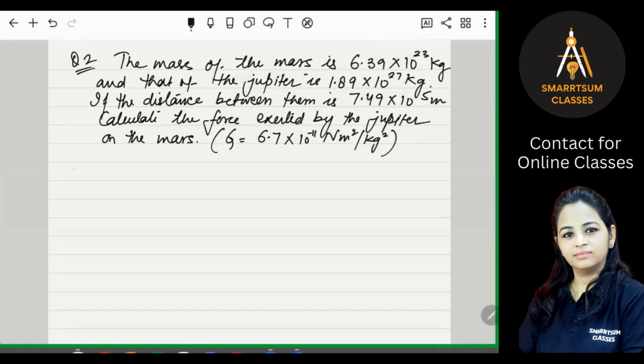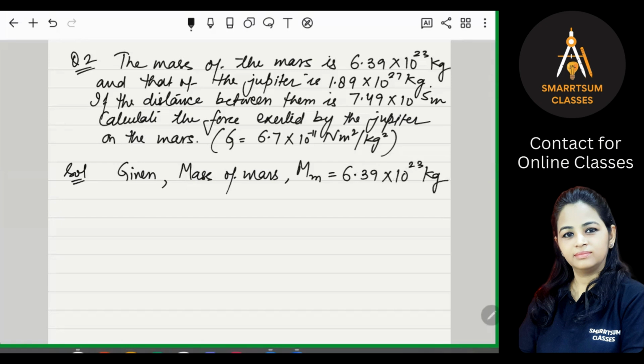So very first, write down what is given. Given is the mass of Mars, suppose mm, this is 6.39 into 10 to the power 23 kg. Always write what is given to you whenever you are solving numericals.